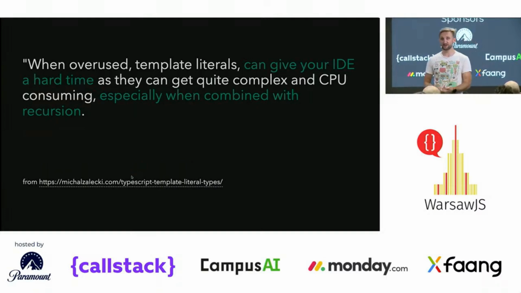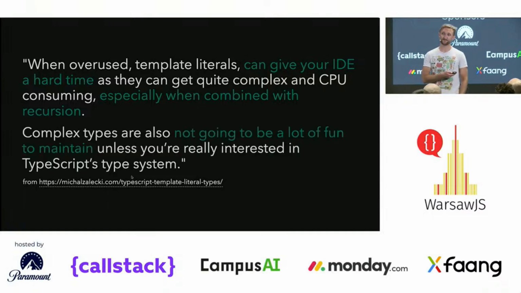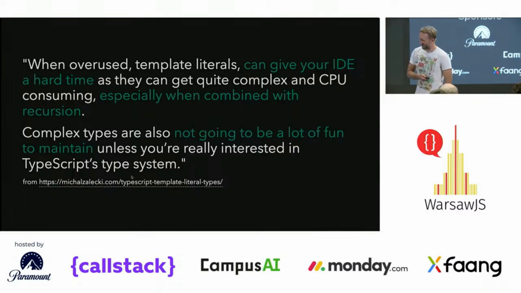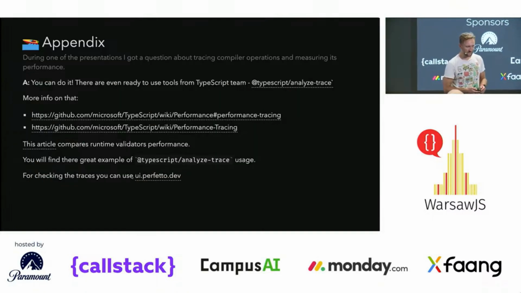When overused, they will give your IDE a hard time because they will be complex and use the CPU, especially when combined with recursion, as in my example. Also, they will give future you and other maintainers a lot of pain, probably, if they try to understand what the heck happened there.